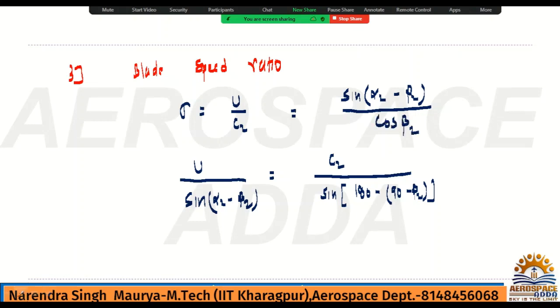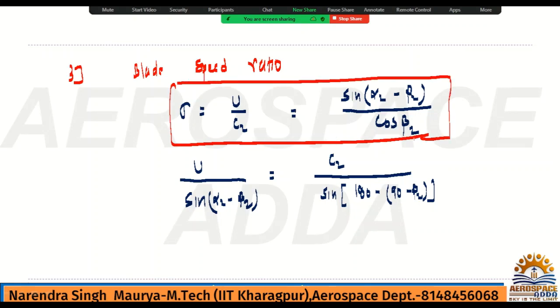So u upon C2 equals sine of alpha 2 minus beta 2 divided by cos beta 2. Finally, you need to remember this formula; from the numerical point of view, this is very important. And where do you get it? From the inlet triangle, by applying the sine rule.